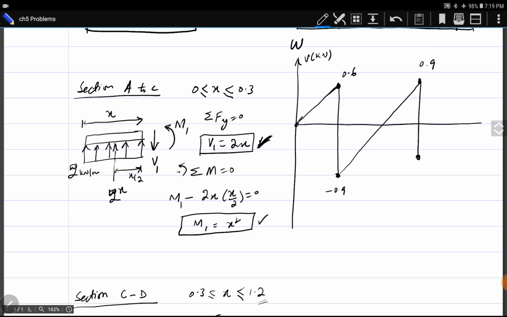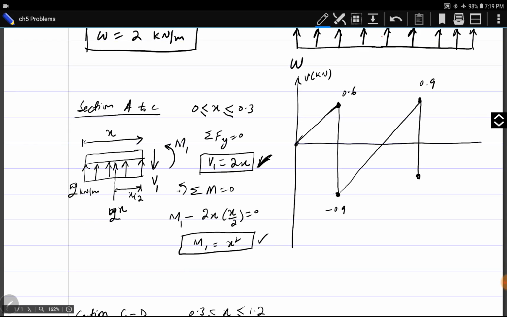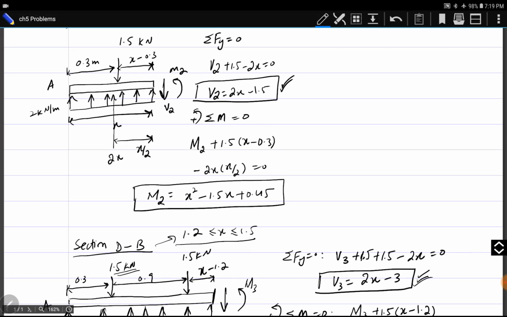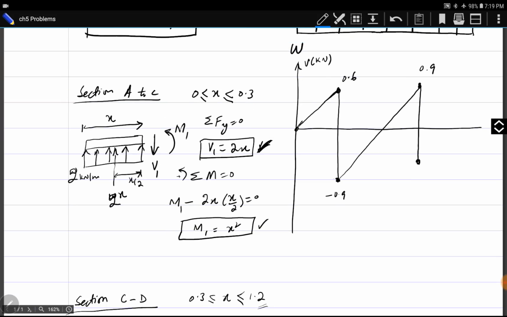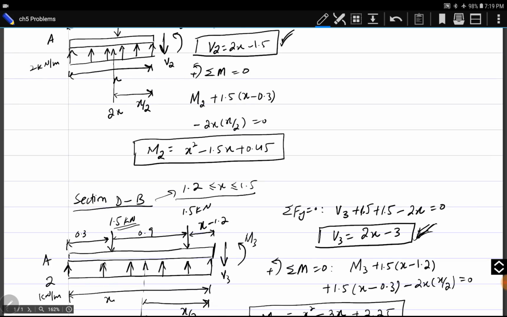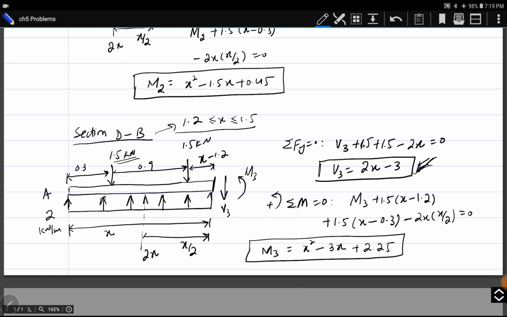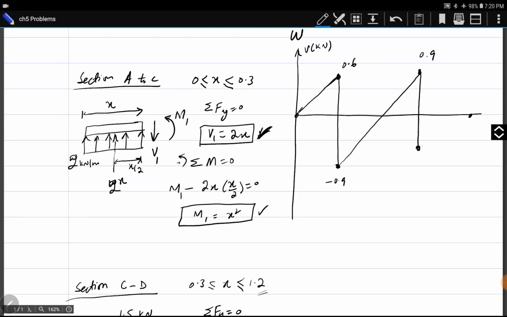At point D, again, we have two values of V, one from section CD and the other from section DB. D is common between these two sections. And at the end, when we put x equal to 1.5 in this expression, V becomes 0. Again, the expression is linear. So here we got the shear force diagram.